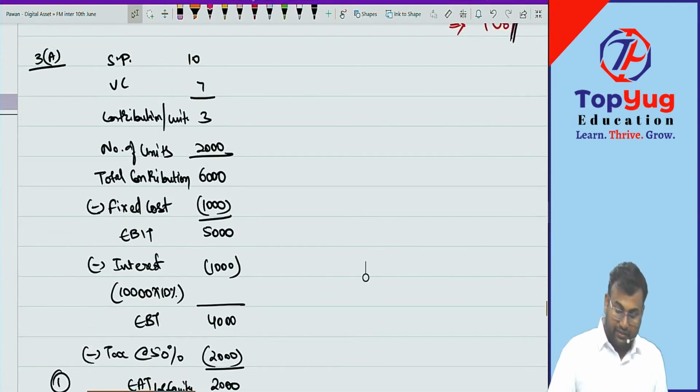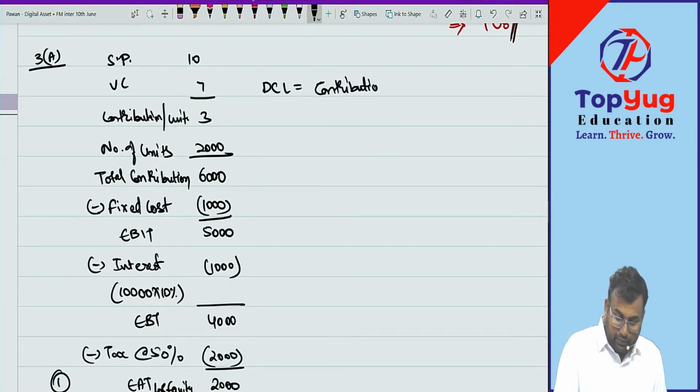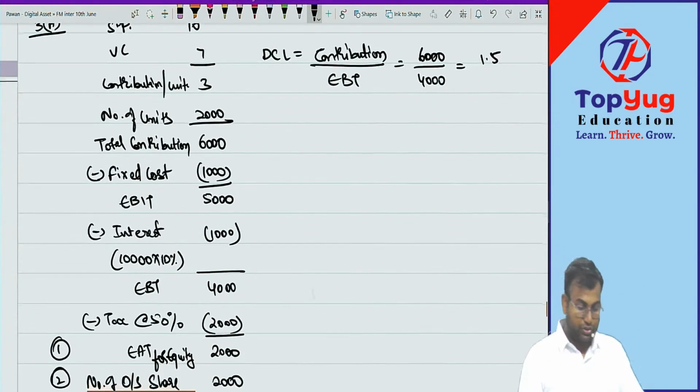Normal DCL is nothing but contribution by EBT. Yes. So contribution is 6,000. Your EBT before tax is 4,000. So 1.5 is your degree of combined leverage.